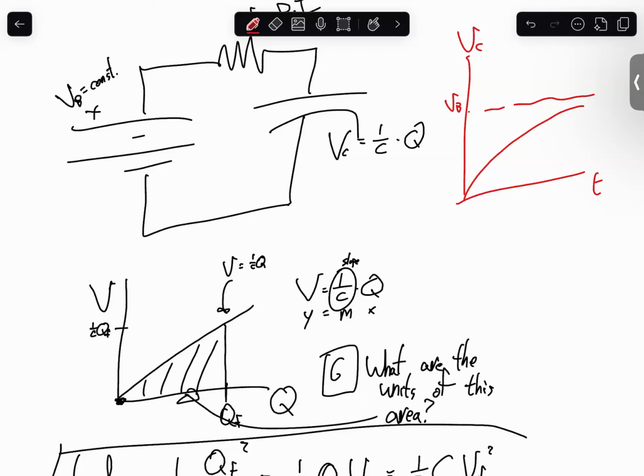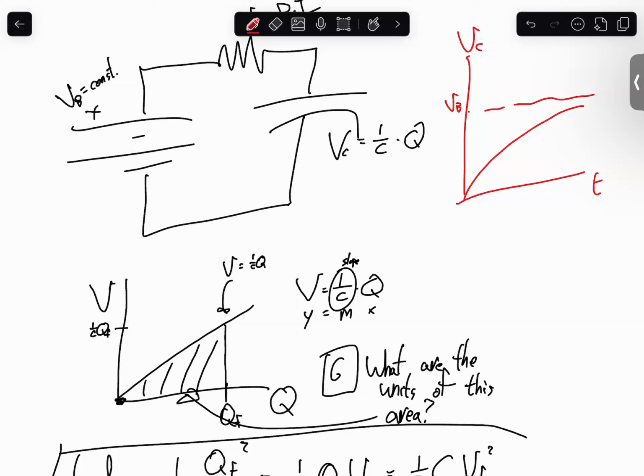And when you push or pull on a test charge, you just get to freely multiply Q times V. Where is the voltage coming from in the capacitor? What makes the capacitor have a voltage? The charge on the plates. The charge of the capacitor generates its own voltage. This charge feels the voltage generated by itself.